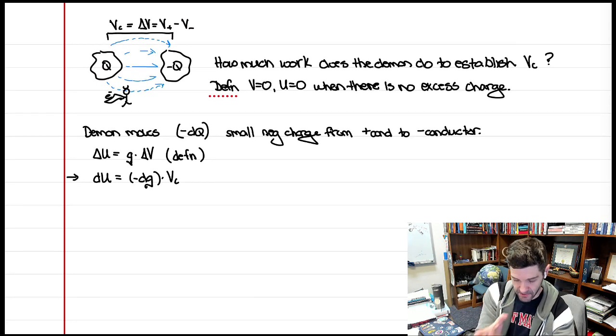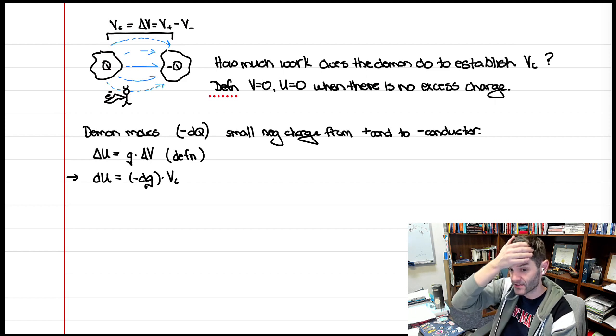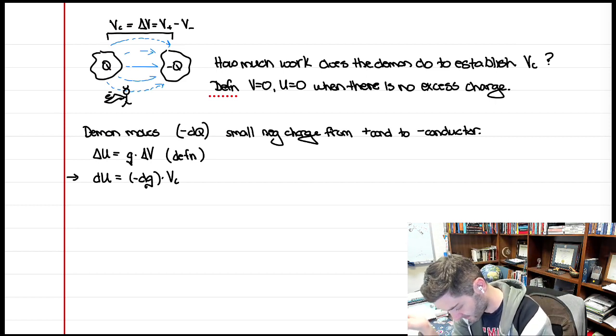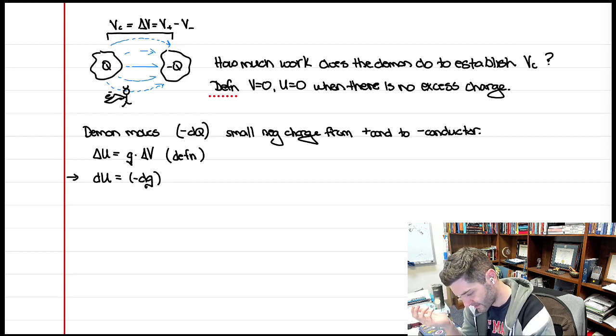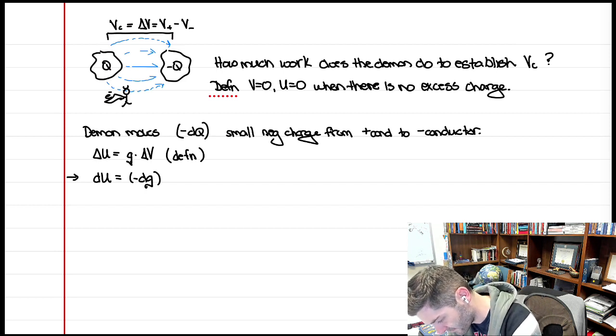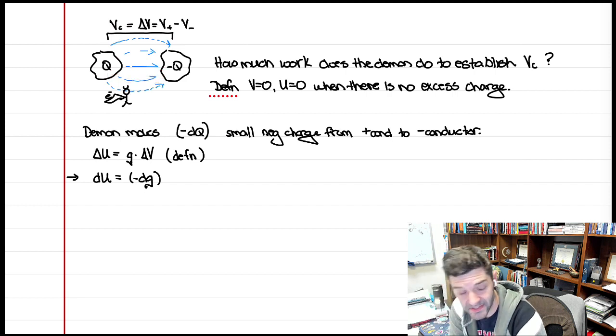By moving that small negative charge across a potential, and let's be careful, I've already made a mistake. You might have realized I forgot a negative sign. So if it's moving an electron from over here to over here, what is the potential difference there?